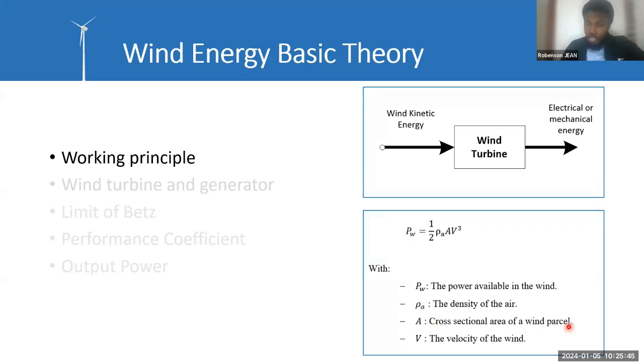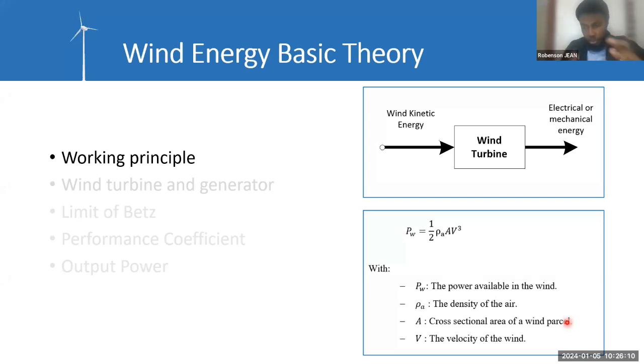In the same way, if we have a small wind turbine, the power generated will be very small. But if we have a large scale wind turbine, with a rotor of more than 50 meters, this will generate a high amount of power.